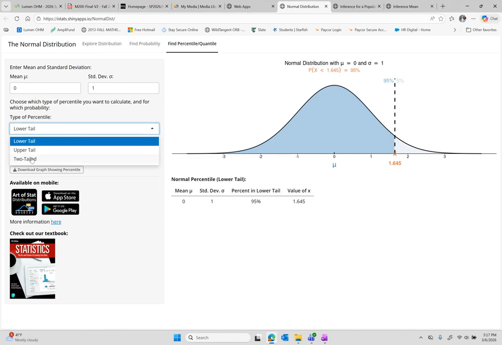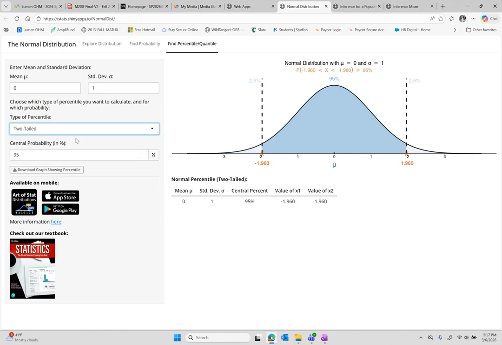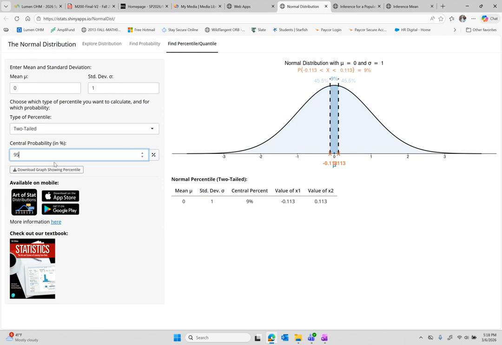We want a central interval, so two-tailed, and based on the confidence level, 90% gives us a z-score of 1.645, 95% gives 1.96, 98% gives 2.326, and 99% gives 2.576, and so on. If you are doing this manually, you need to find the z-score based on your confidence level, and you can use this app to find your value.